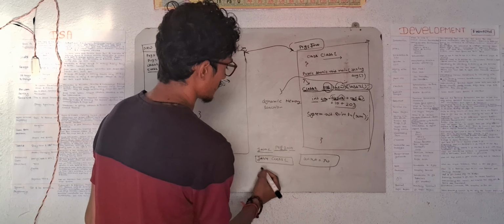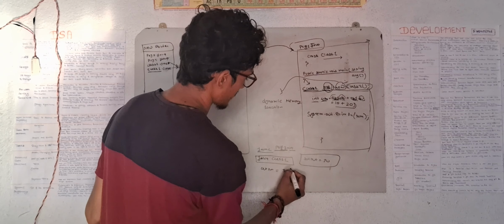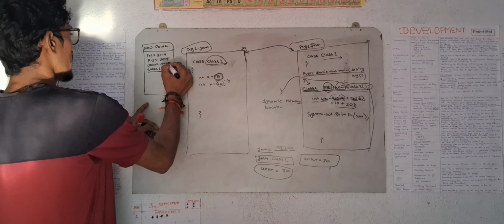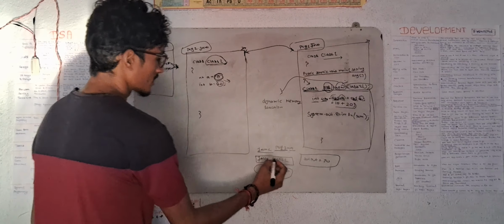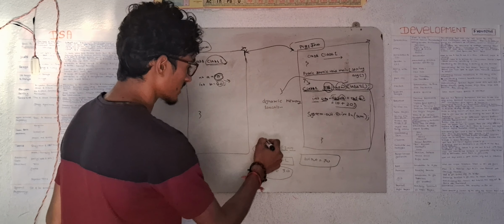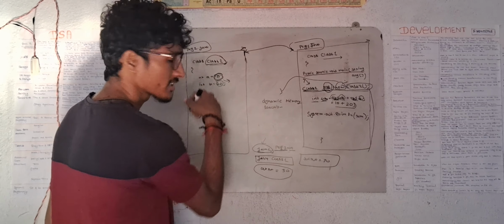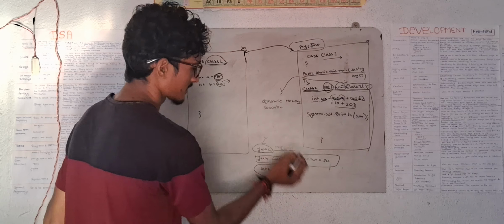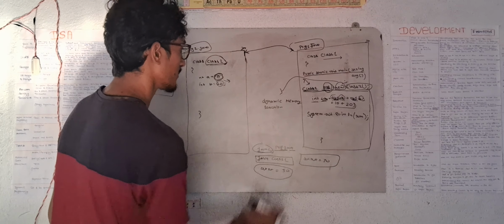Then your output will come out, which is 30. These are part of the compiler, because javac is the compiler of Java. We will cover all of this last part in the compiler class. This is your basic example.